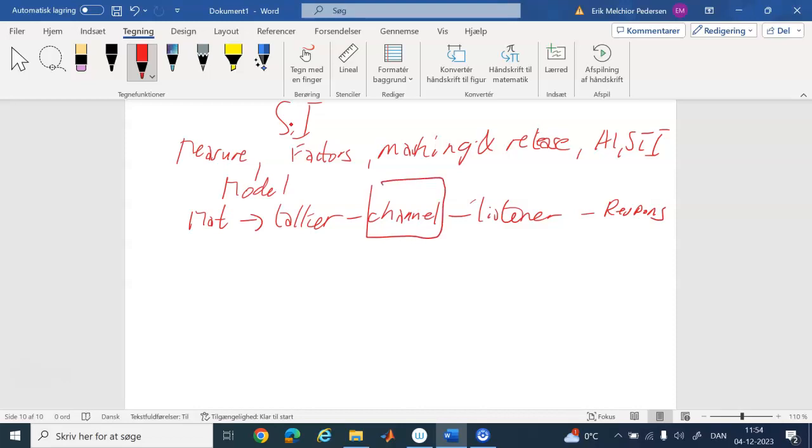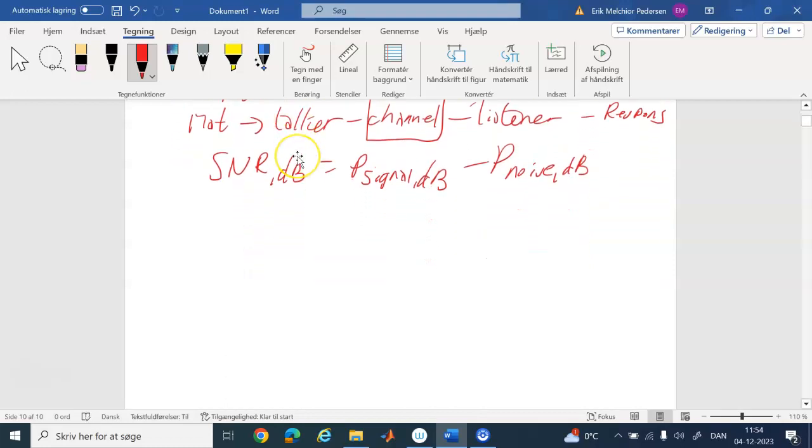So you can have this SNR, speech to noise ratio, in dB. It is a difference between the power of the signal in dB minus the power of noise in dB. So the intensities should be correct, but we are working in decibels. So we are comparing between groups.